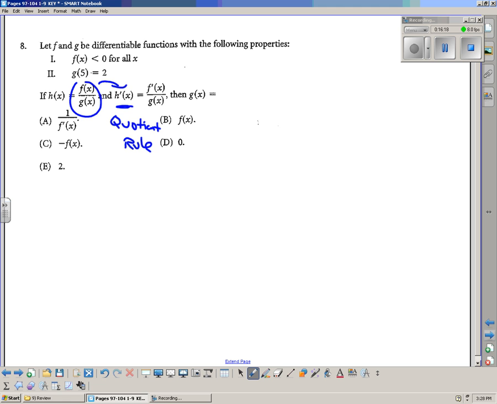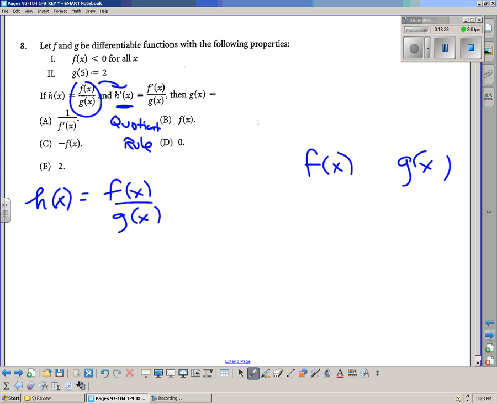So if we do that, okay, h is f over g. Derivative of f is f prime. The derivative of g is g prime. And so h prime of x is low d high. So I should have actually put that in here.